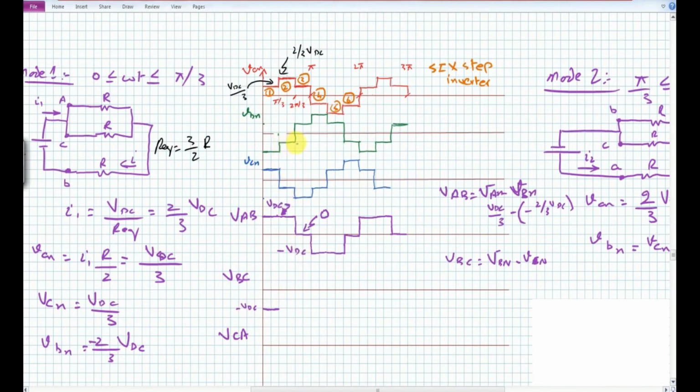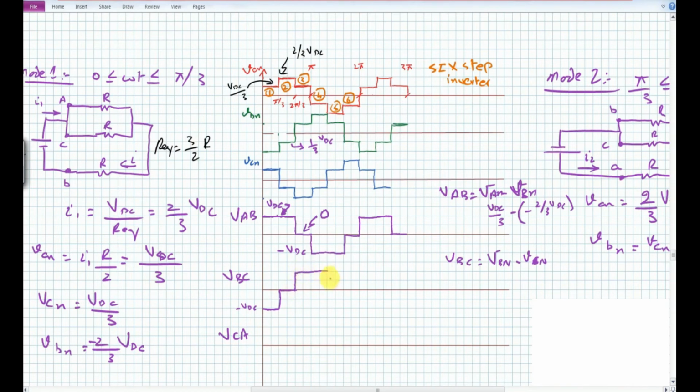From pi by 3 to 2 pi by 3, VB is equal to 1 by 3 times VDC, and this VC of n is also equal to 1 by 3 into VDC. So what we will get here is a 0 volt here, so there will be no voltage here, and after that we will again see a voltage.